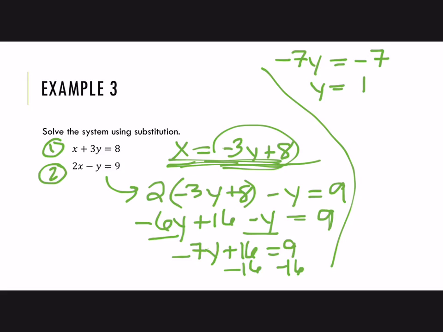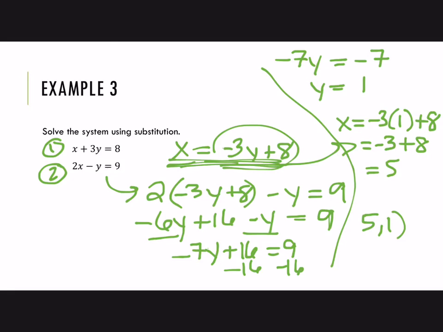I'll use this one and substitute in 1 for y, and then just use order of operations to simplify and find the value of x. So x is negative 3 plus 8, or 5. Here's the solution: 5, 1.